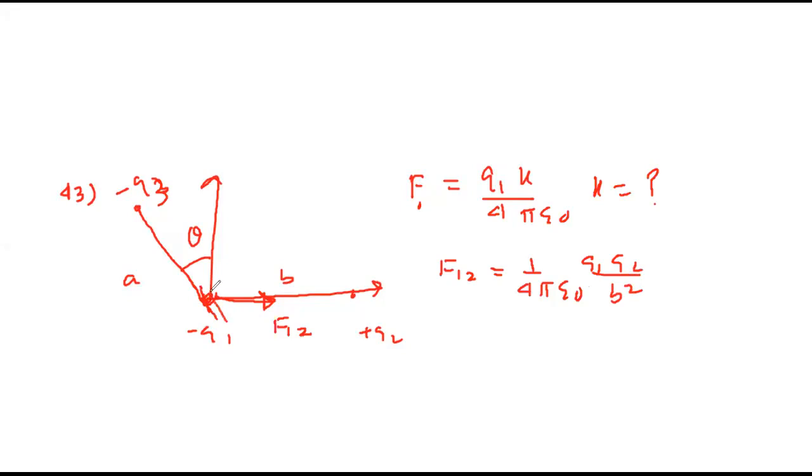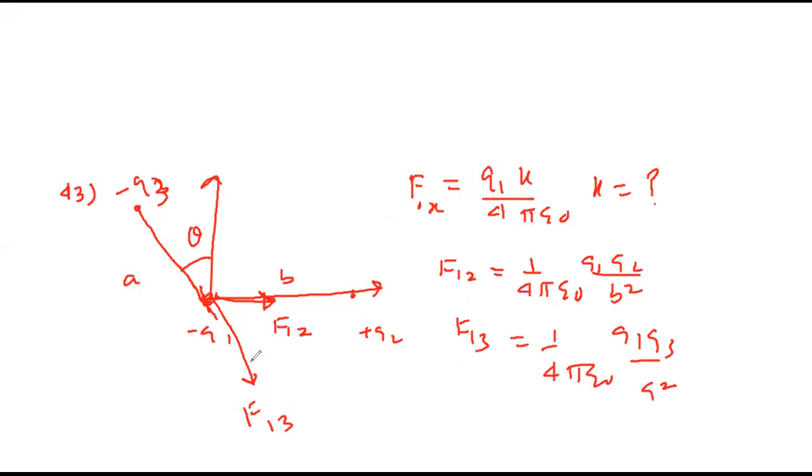Now this is repulsive here. So force acting on 1 due to 3 will be 1 upon 4 pi epsilon naught Q1 Q3 upon A square, directed outward. As shown in the figure, this is the X component.